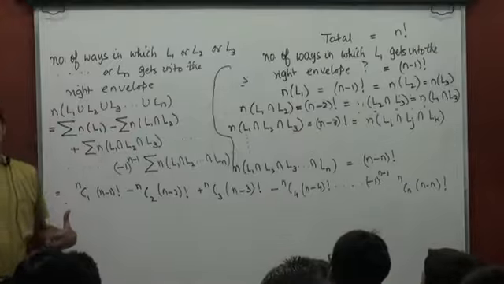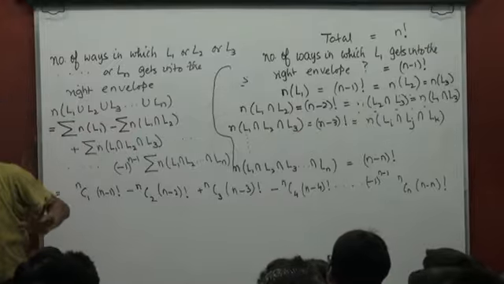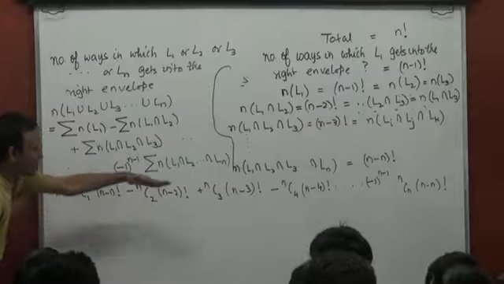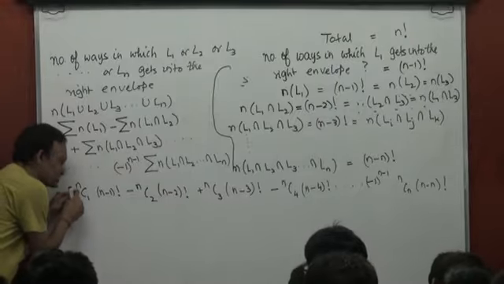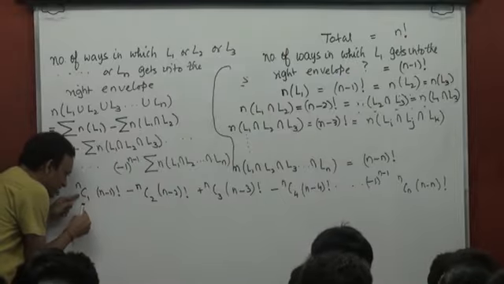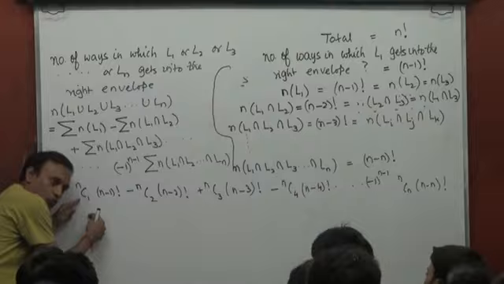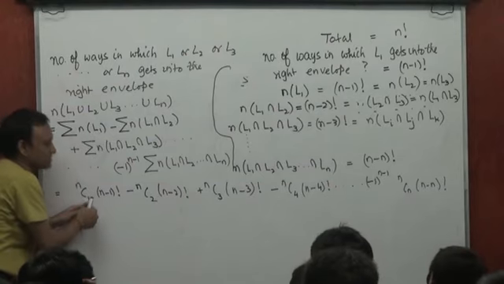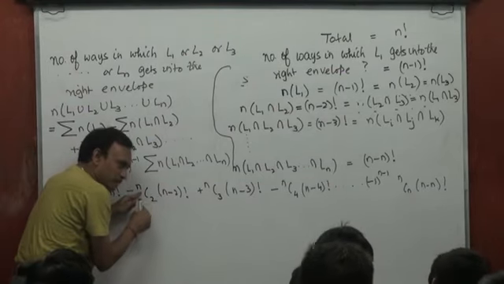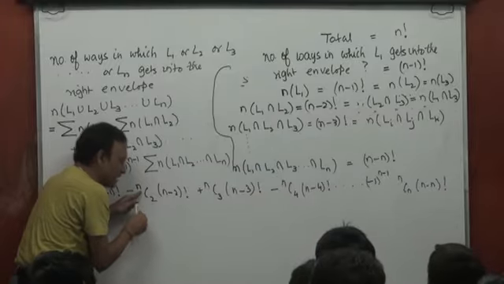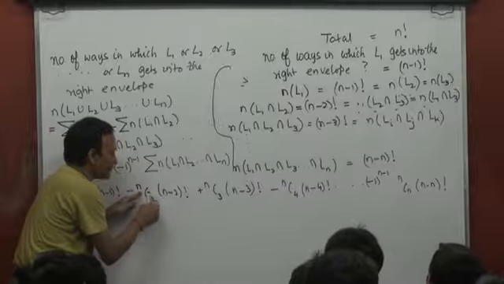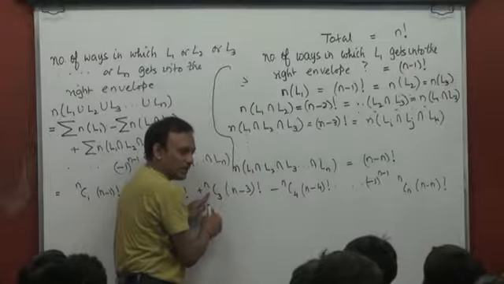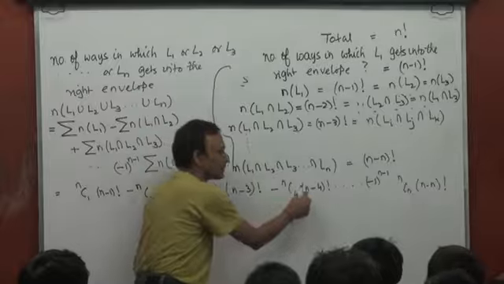So what would this summation give me? This would give me the total number of ways in which at least one letter would have gotten into its right envelope. If I simplify it, I could write nC1 as n factorial by n minus 1 factorial into 1 factorial, and the n minus 1 factorial from numerator and denominator would cancel. Here also the denominator would be n minus 2 factorial into 2 factorial, and n minus 2 factorial will get cancelled. So this would be n factorial by 2 factorial. n factorial by n minus 3 factorial into 3 factorial, n minus 3 factorial would get cancelled, and so on and so forth.